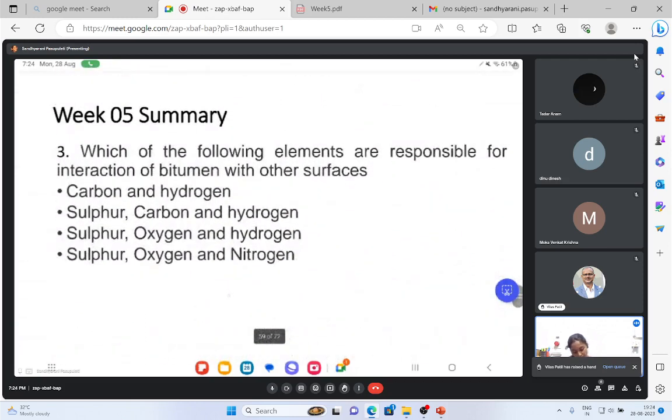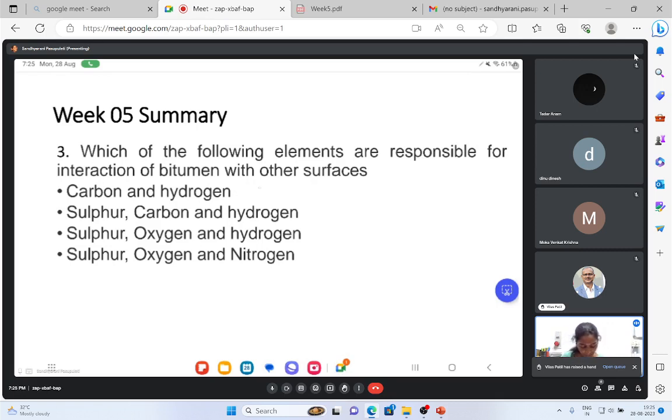And the third question: which of the following elements are responsible for the interaction of bitumen with other surfaces? This one also we have discussed, mostly the heteroatoms. The heteroatoms are what we call polar groups or functional groups, which are responsible for reacting the bitumen with aggregate surfaces or any other molecular structures.